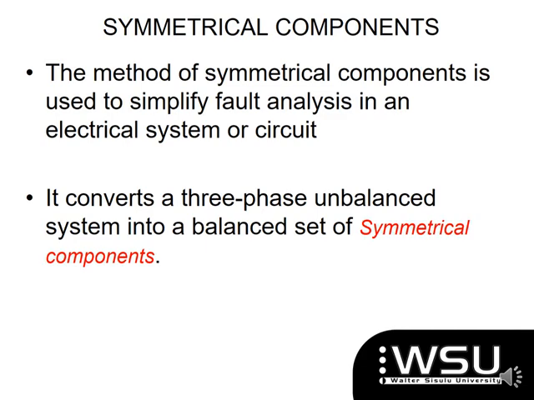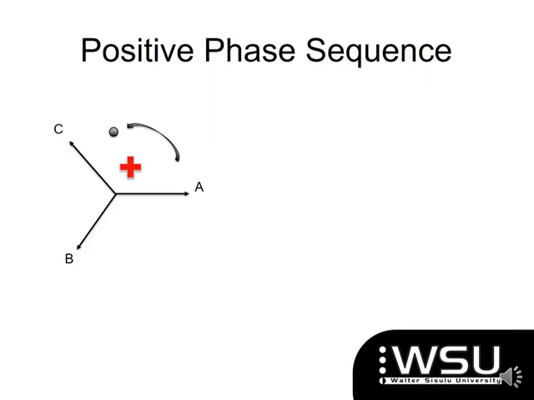It converts a three-phase unbalanced system into three sets of balanced systems, or balanced components, and those are called symmetrical components. In the previous chapter, I explained how you can establish what a positive phase sequence is. The positive phase sequence is part of the symmetrical components that you would get.